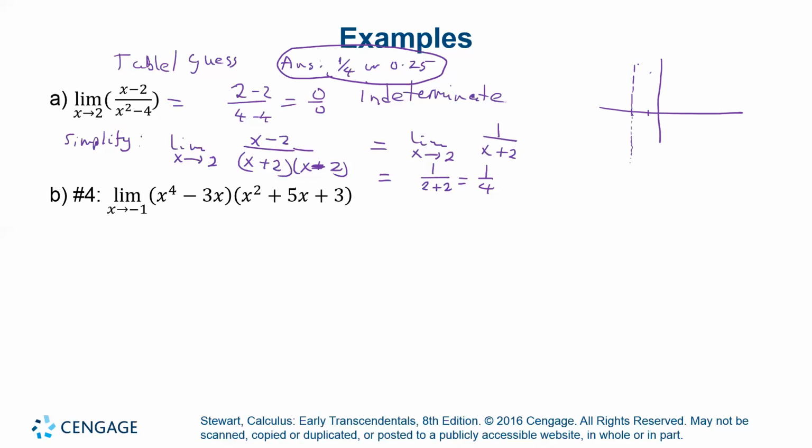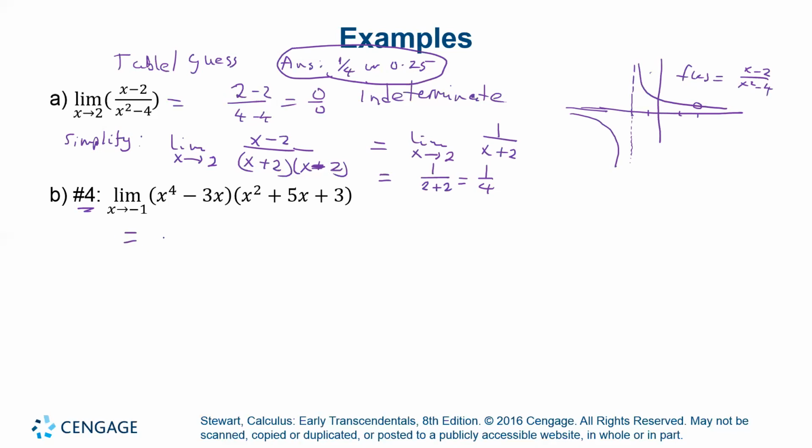It's going to go like this, and then like that. If this is 1 and this is 2, there is a hole here. So this is the graph of the function f of x that we just constructed, x minus 2 over x squared minus 4.